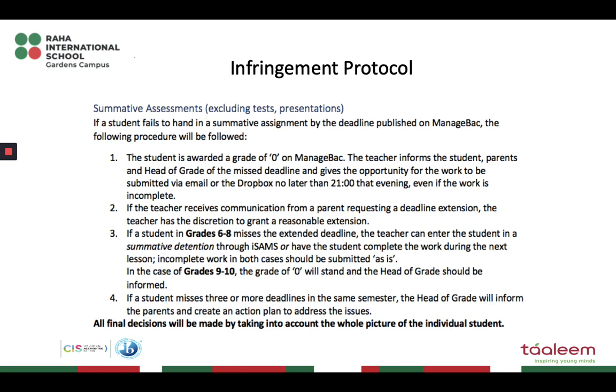We try and be as fair as possible. So it's important that you do try and support your child in getting organized electronically, so that when they are submitting documents, there's no corrupted files, they're submitting in the right place at the right time, and of course just liaise with the teacher if you are not sure of anything in that regard.